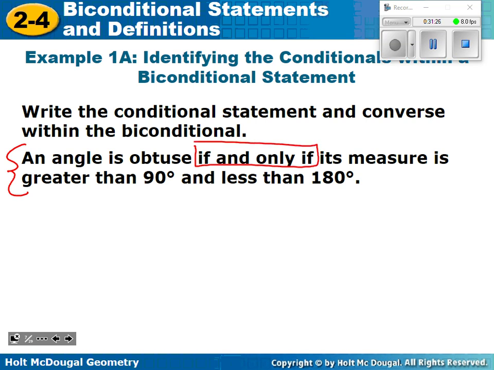That means the part that comes before it is your hypothesis, and the part that comes after it is your conclusion, right? Okay, so now what they want us to do is to write a conditional statement, which is in the form if, then, and then they want us to write the converse, which is the hypothesis and the conclusion. So let's start with our conditional. What would our conditional say?